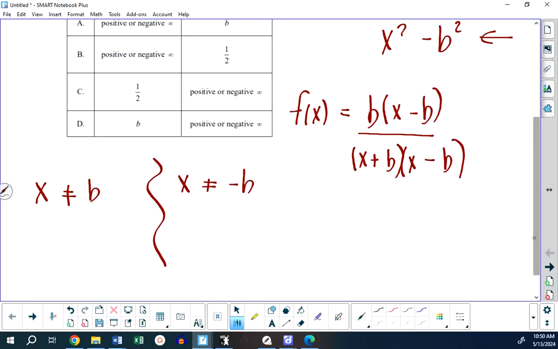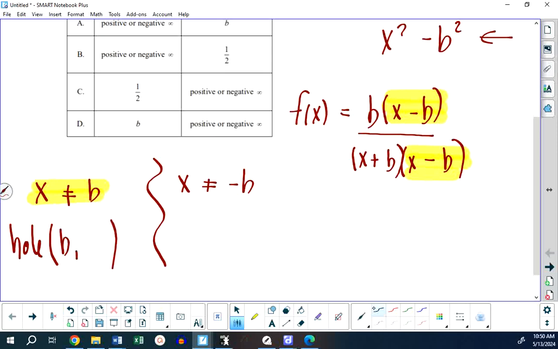Now, this non-permissible value comes from this factor, which cancels with an identical factor on the top. We can see they cancel. That means that there's a hole at that non-permissible value. So there's a hole here, or a point of discontinuity, at b comma something.